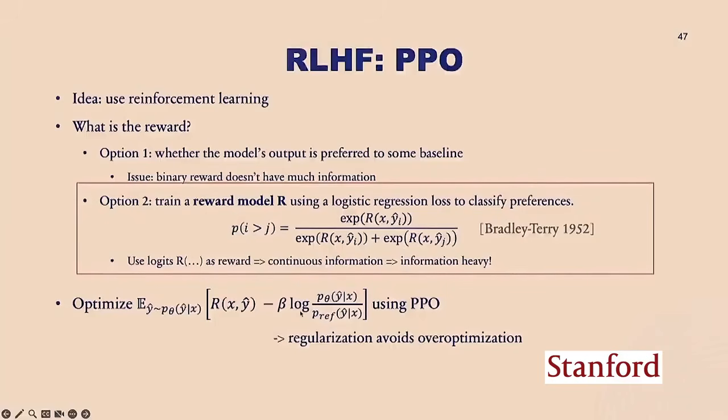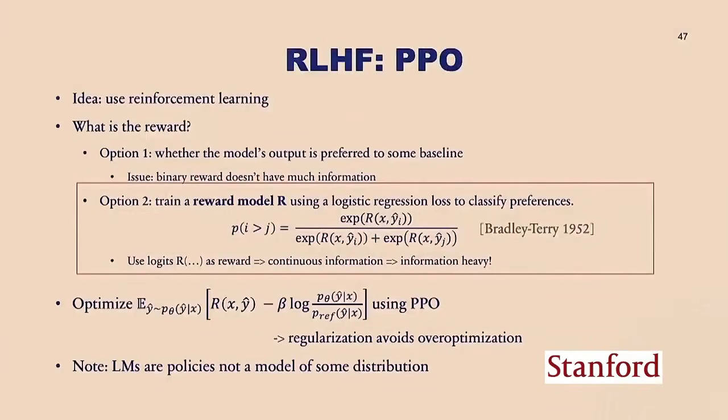And then you just use some regularization terms. The reason why we do this regularization term is for avoiding what we call over-optimization. So this reward model might not perfectly model human preferences, so you don't want to maximize this thing to essentially infinity. And you do it using PPO, which is a common reinforcement learning algorithm.